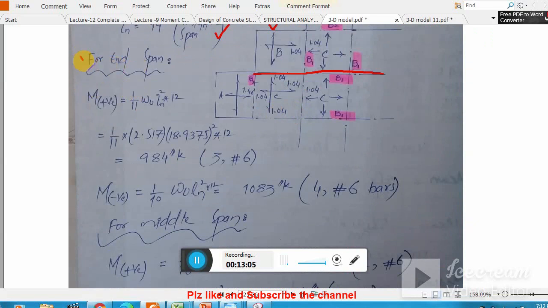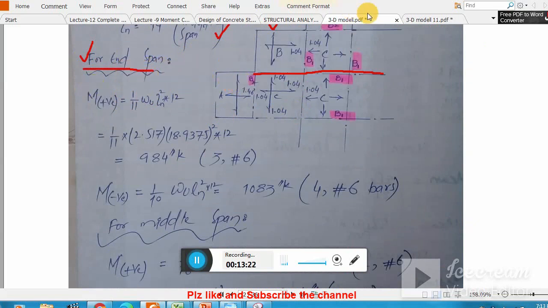Okay, now going back, you understand the load distribution, how load comes out. And then again, for the end panel, now we will start design. Clear? We will start design. So design is simple, if you know your moment coefficients, like this one, 1/11. Now we are designing the end span.